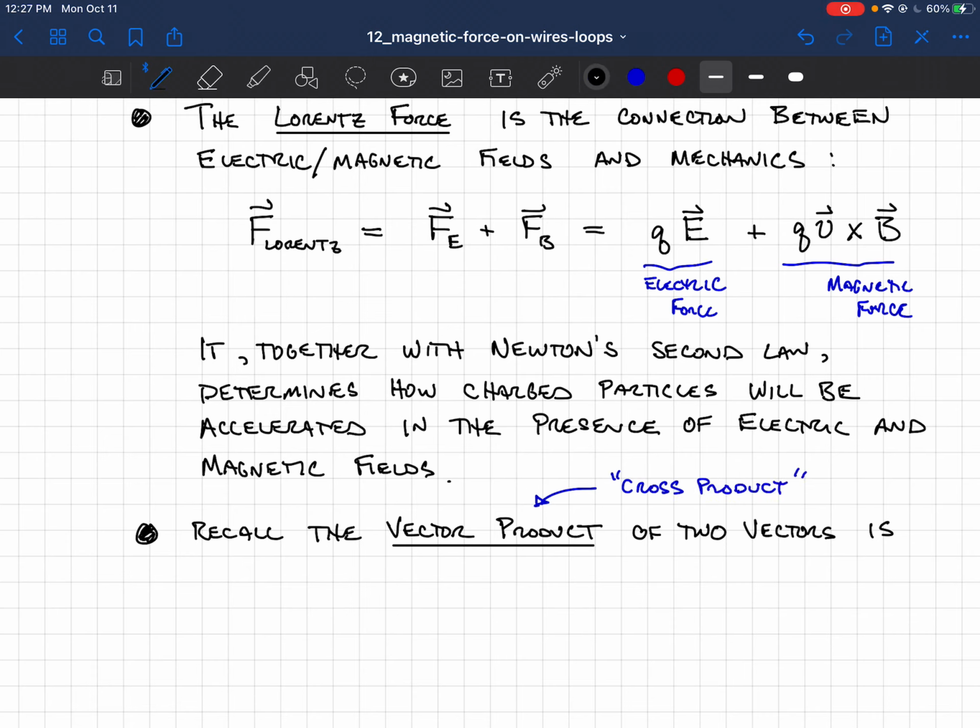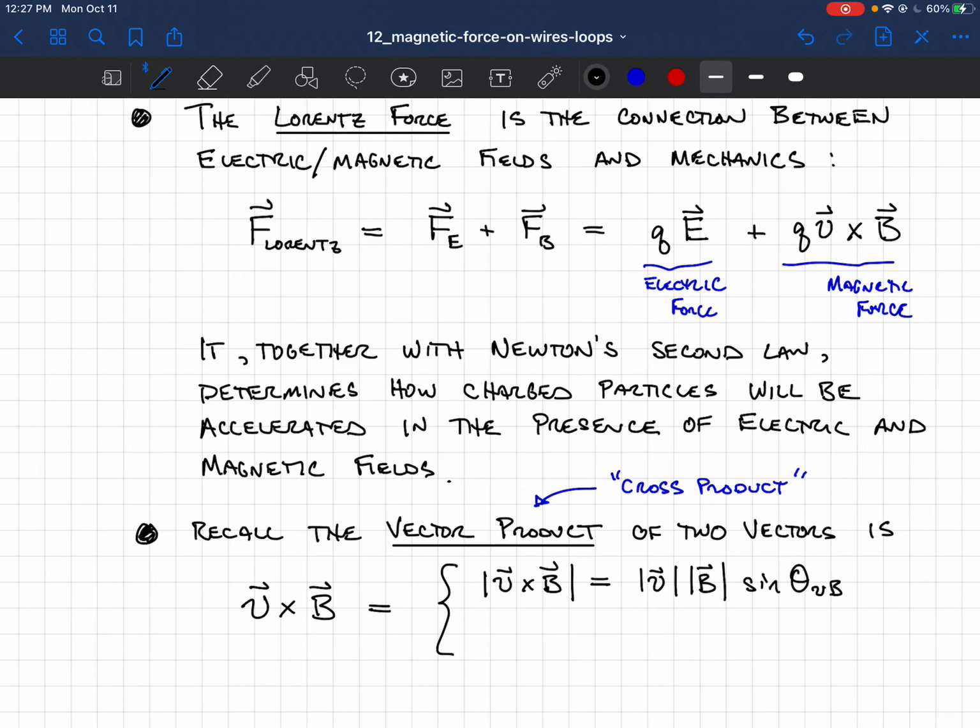If you have two vectors, let's just use V cross B, then the result is going to be another vector which has magnitude V, magnitude B, sine of the angle between the V and B vectors.